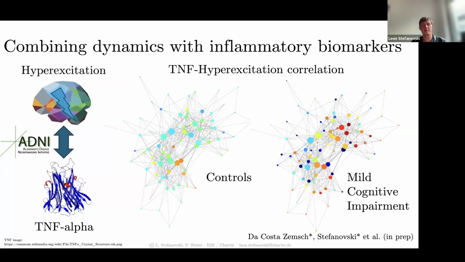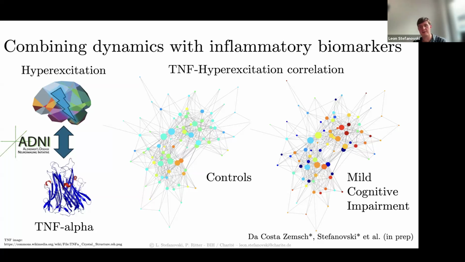We used the same model that I showed you earlier, where amyloid PET was translated into disinhibition. And in this subgroup, we also had CSF values available for many different immunomediators. And we looked at whether there is a coincidence of increased inflammation and increased excitation in the model.